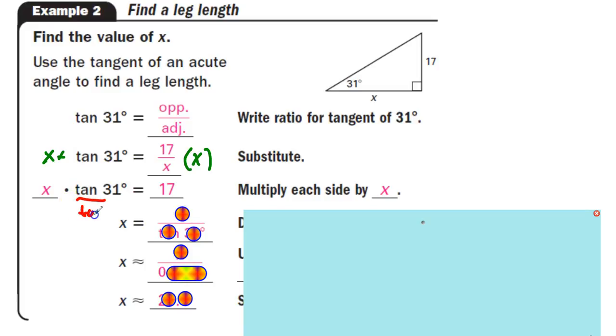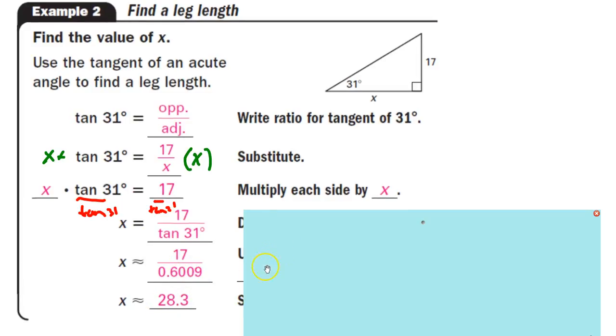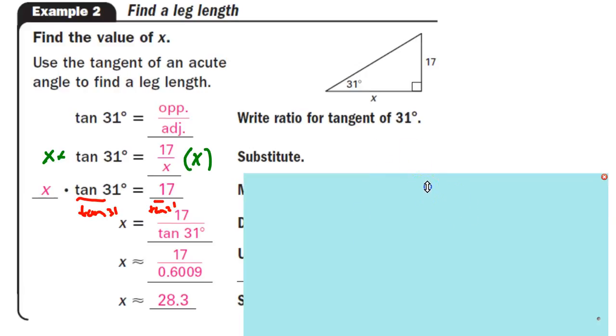Again, remember, we're seeing words and an angle measurement, but this is actually a value. Your calculator knows what it is, and so this is where scientific calculators come in handy. There's a value for 17 divided by the tangent of 31. Again, tangent of 31 is approximately 0.6009. So when you divide 17 by 0.6009, you get 28.3.